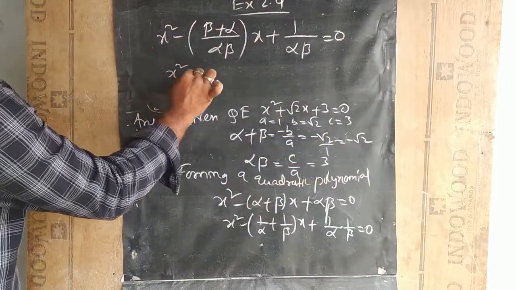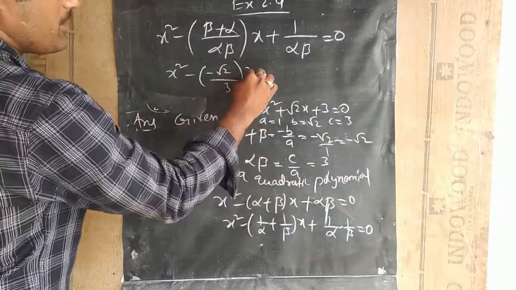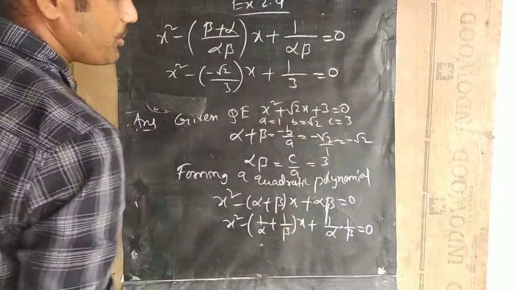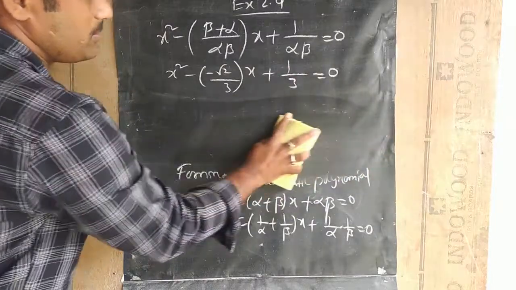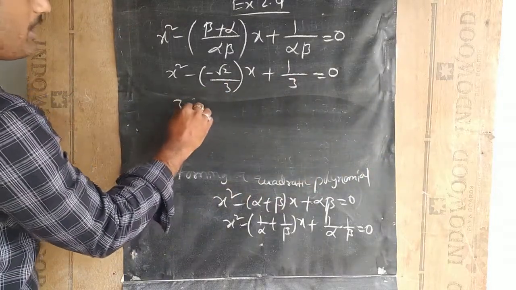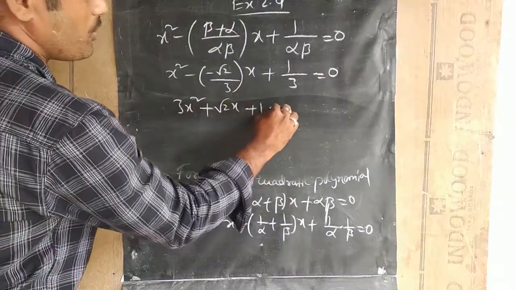So the answer is x square minus root 2 by alpha beta, answer is 3, x plus 1 by alpha beta, answer is 3, is equal to 0. So here 3 is the LCM. So the quadratic equation is 3x square plus root 2x plus 1 is equal to 0.